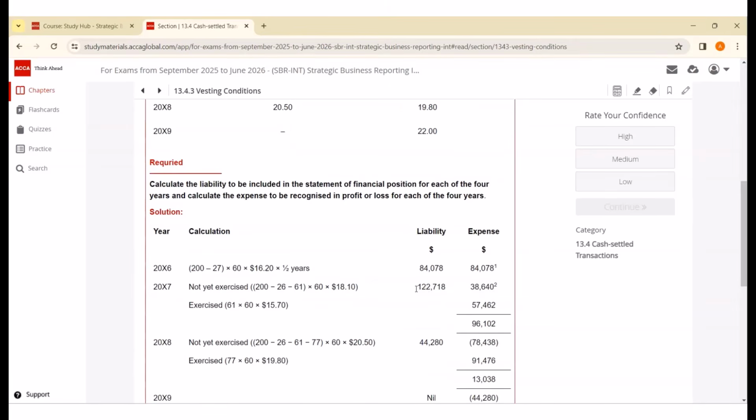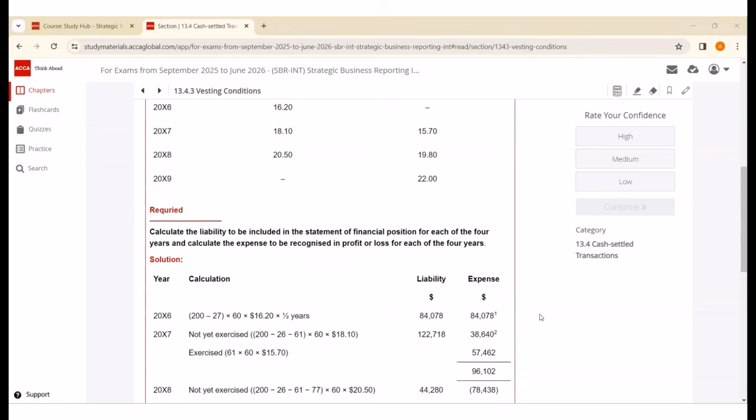Now, the method is the same: you calculate the cumulative liability first, and from this you subtract the expense which has been previously recognized. So we get the final expense. We talk about the exercised SARs also. For exercised SARs, you have the number of people available, you have the number of SARs available, and you have the intrinsic value available. You calculate the expense accordingly.